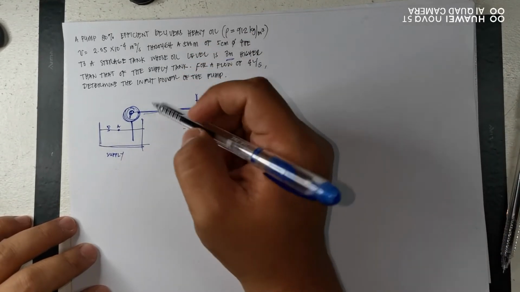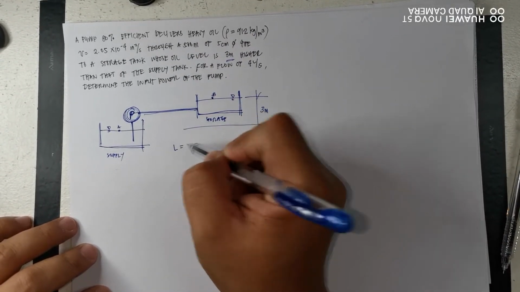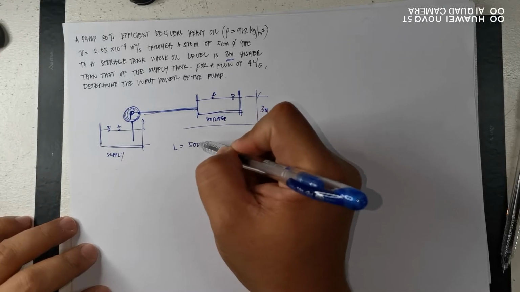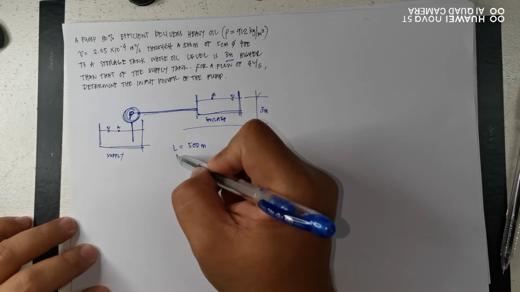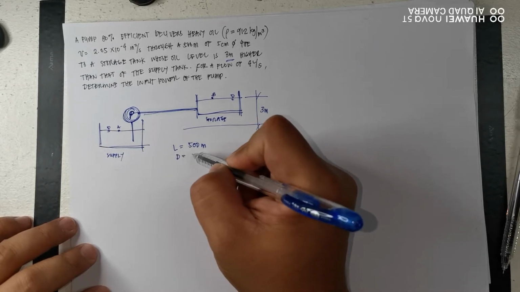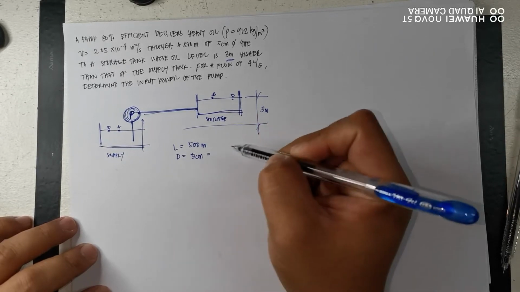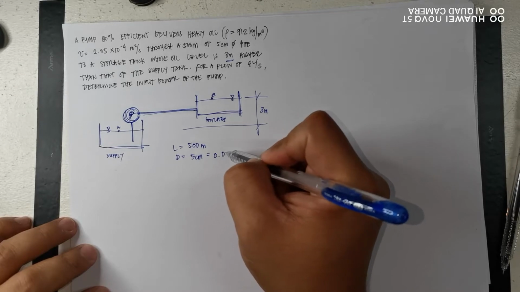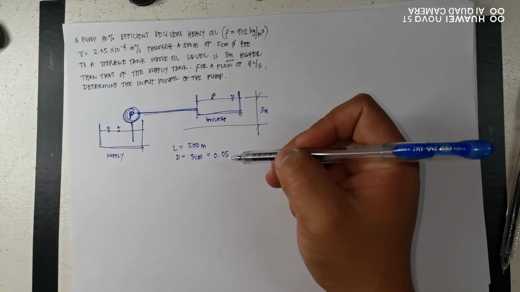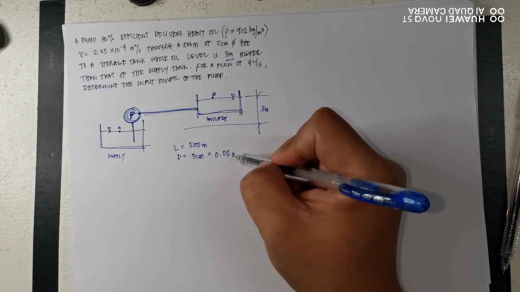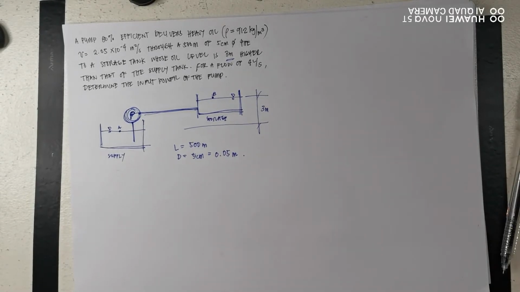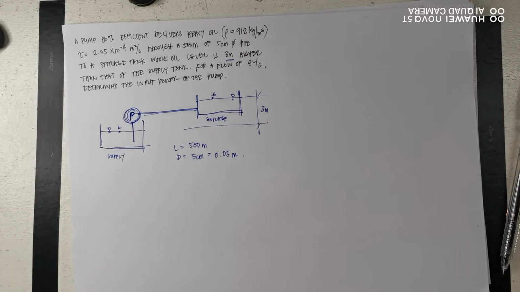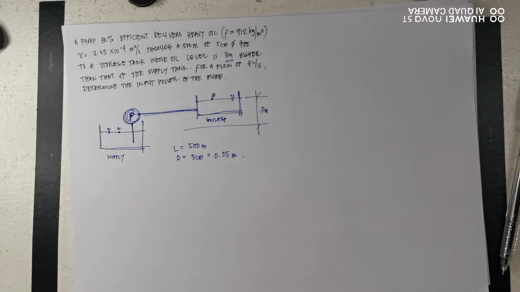Okay. So yung total length daw ng pipe is 500 meters and the diameter is 5 cm, which is also equal to 0.05 meters. Okay. So at this point, di pa natin alam kung paano natin siya isosolve talaga, no?